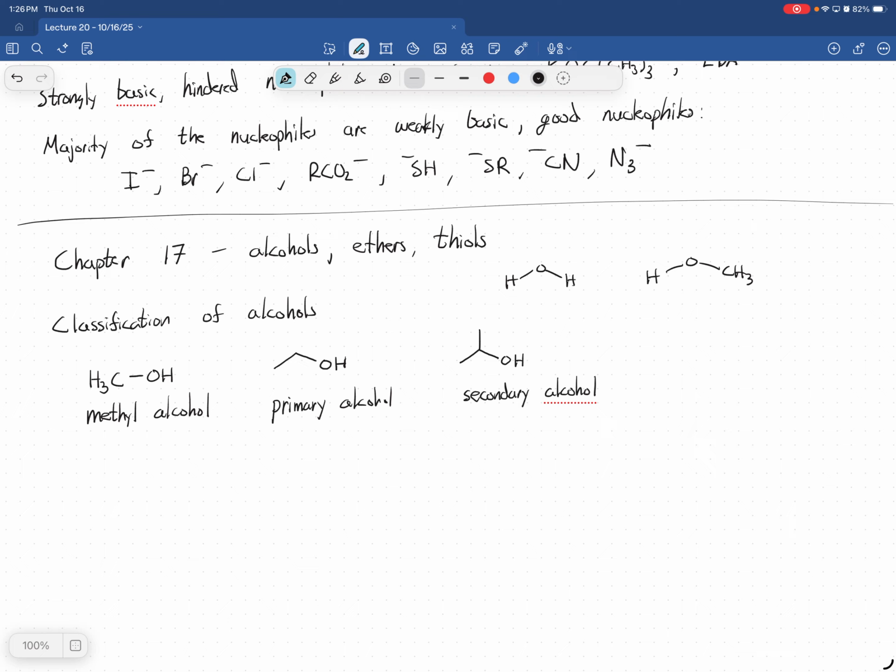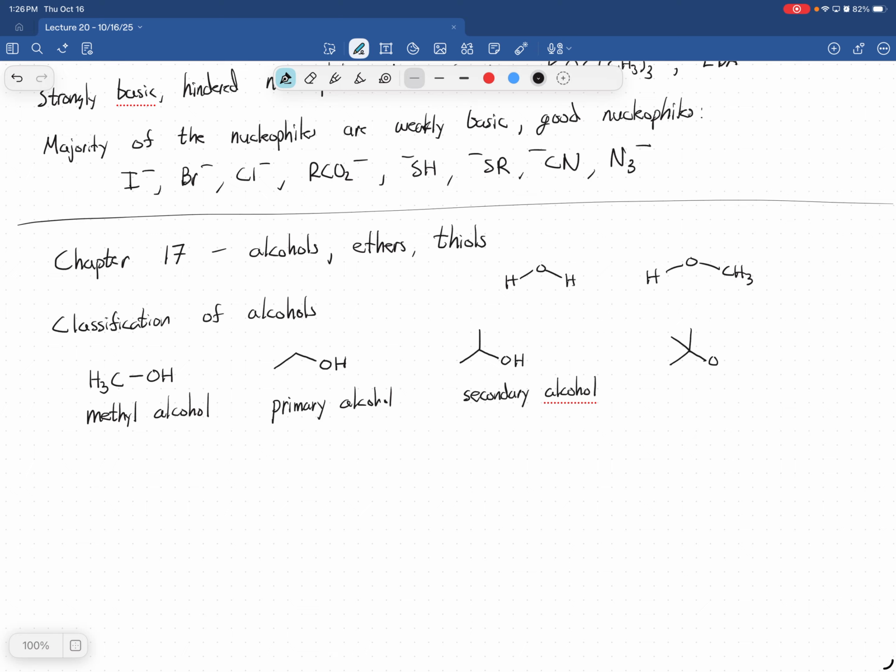Now, when we classify amines, it's the opposite way around. It's what you said, Elizabeth, earlier. It flips. So for alcohols, the oxygen could only be bonded to one carbon and an H. So that's why we don't say a secondary alcohol is an alcohol that's bonded to two carbon atoms. Okay, and then lastly we have a tertiary alcohol.